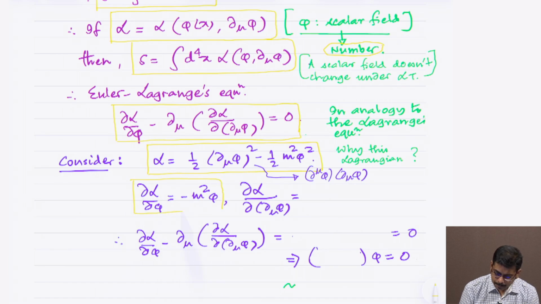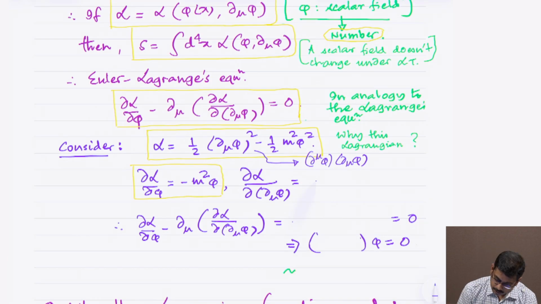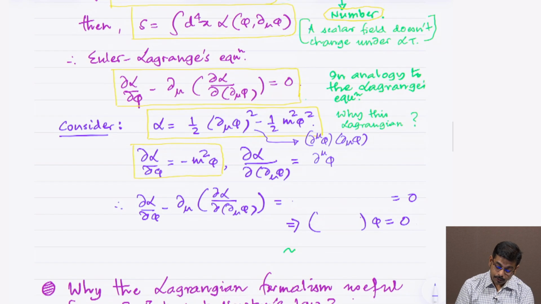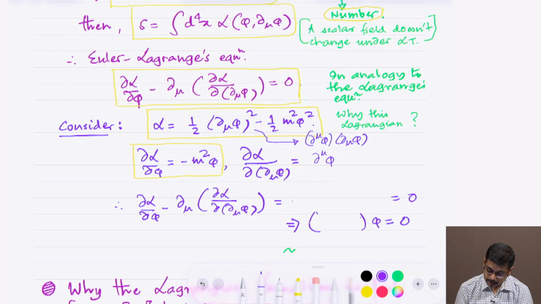Now, what will happen if you take del L of del mu phi? It is very clear that this is going to be simply del mu phi, right. So now let us write the full Euler-Lagrange equation of motion. What exactly is it going to be?